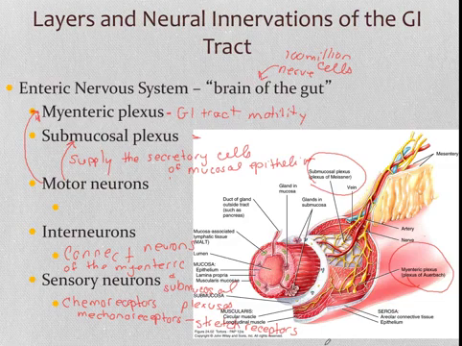So if, for example, you eat a whole bunch of food and your stomach fills with food, the stretch receptors say, all right, stop eating, you're full, right, for example.